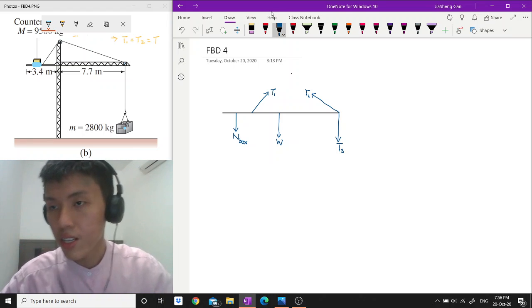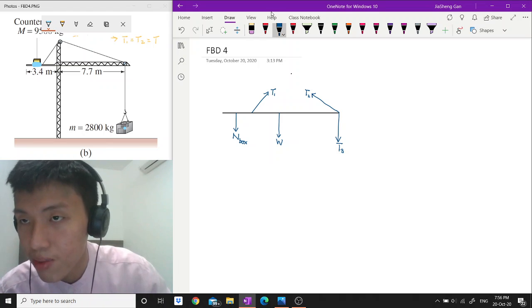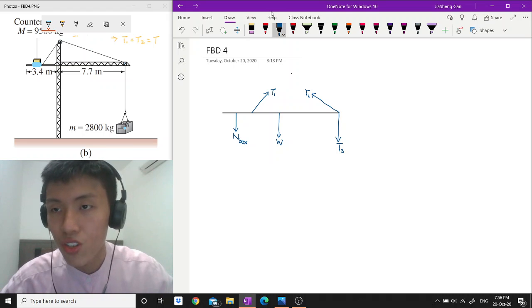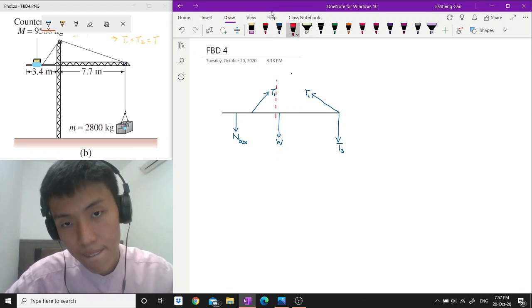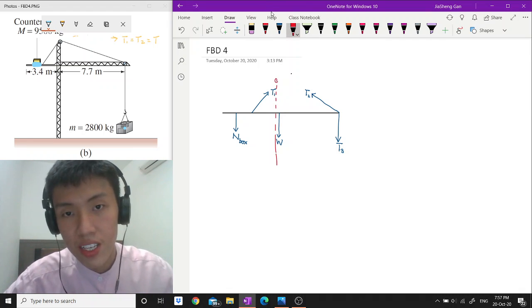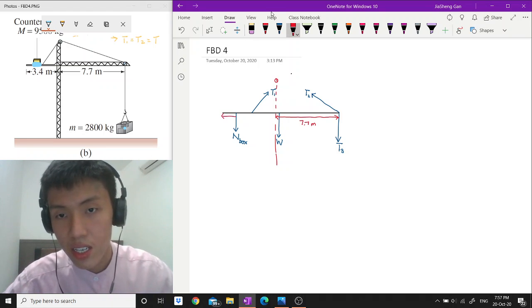If you label the length, the way they draw everything is a bit weird. The only thing I'm sure about is if this is where the pulley is, then the only thing I know is 7.7 meter. Then this whole thing is 3.4 meter.